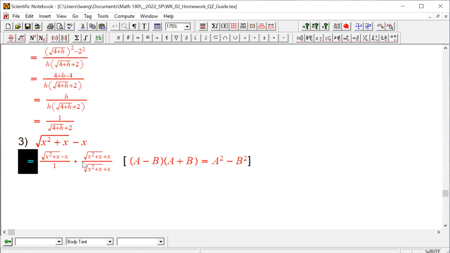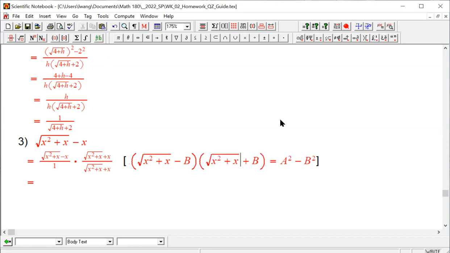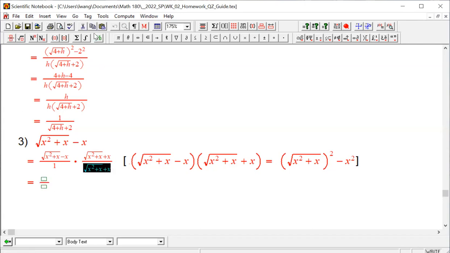So when we apply these conjugates, our a is the square root, and b is x. So now you see very clearly, and the denominator is 1 times that, so it stays the same, doesn't change.